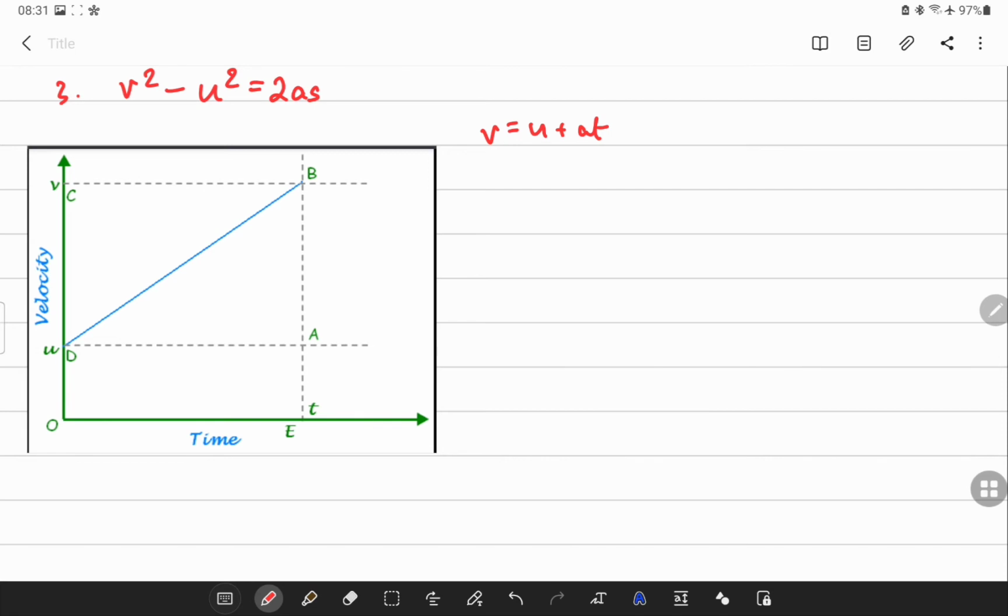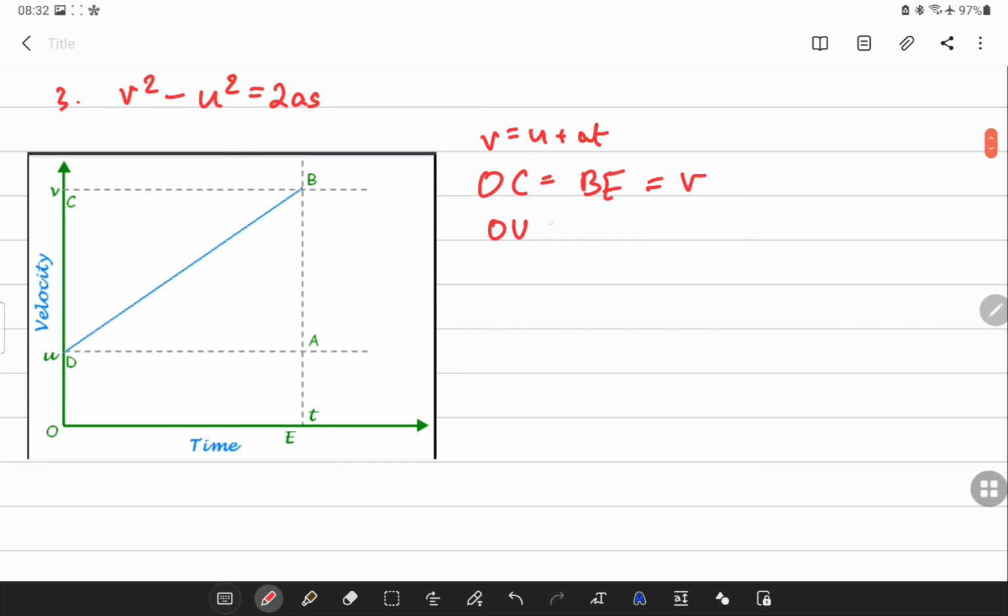See here, the thing is OC is equal to BE, because OC is the final velocity.